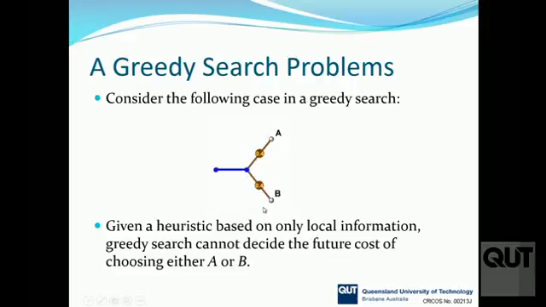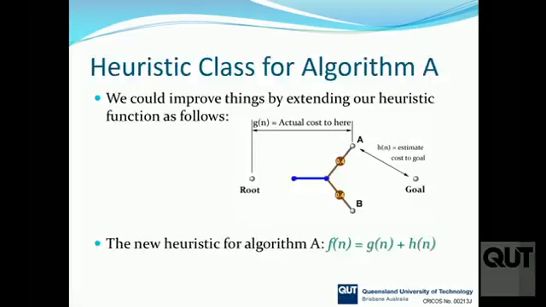The greedy search can't know about any other pathways beyond these two children because of the way the heuristic function works. So it doesn't have any information about which choice to make. It has to do something random here, like put it in some priority, standard order, or some kind of random order. So this is one of the fundamental flaws of the greedy search.